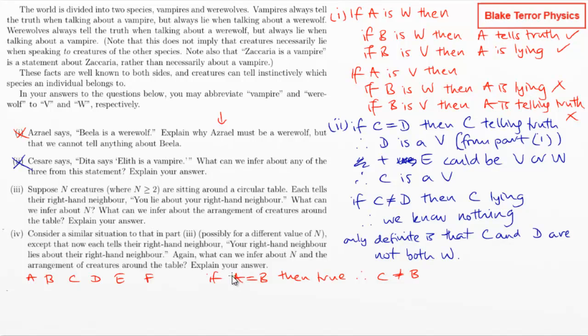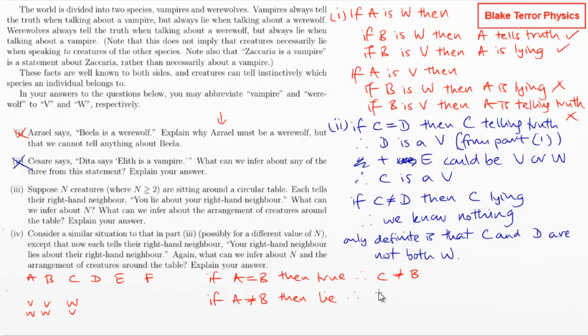So what does that mean? Can we go any further than that? Just wondering what we could have then. So if say we had V, that would be a W, or we'd have WWV. Actually, let's go into the next bit, saying if A is not equal to B, which would be the same as B not equal to C, I suppose, then it's a lie, which means they would tell the truth about their right-hand neighbour.